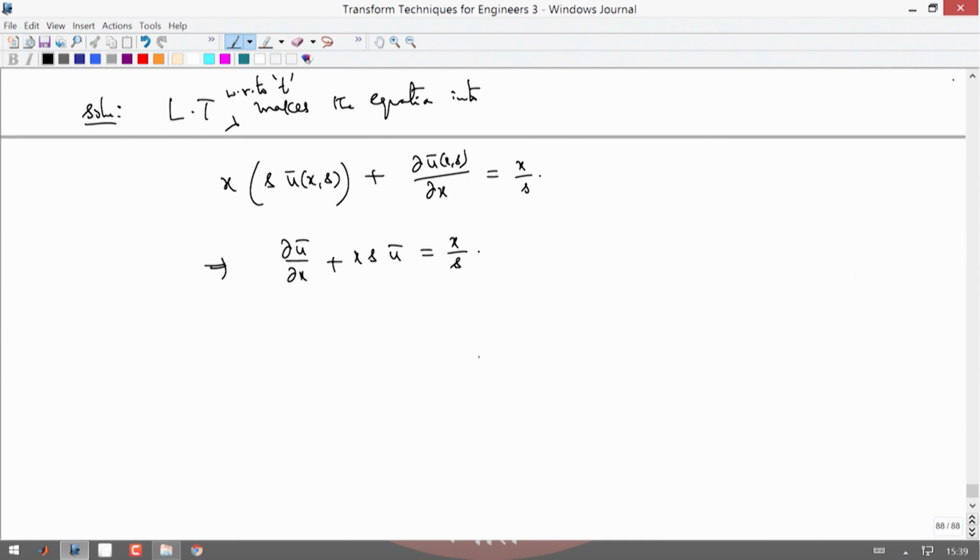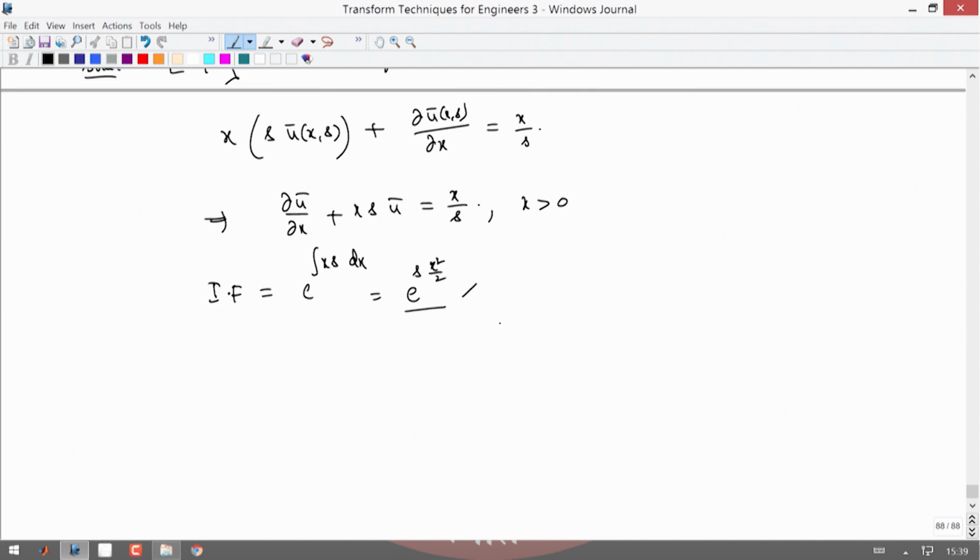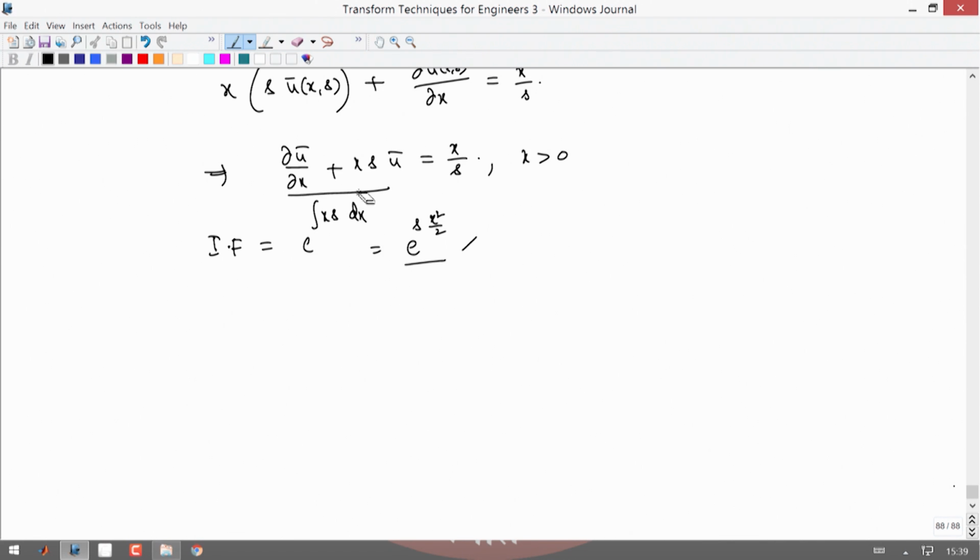This is your equation. So, you can use the same technique, integrating factor. Here x is positive, the domain is 0 to infinity, and the integrating factor is e power integral x s dx. s is a constant, so e power s times x square by 2. So, this is your integrating factor. You multiply both sides of your equation, and the left hand side becomes d dx of u bar of x s times e power s x square by 2, which is equal to e power s x square by 2 into x by s.